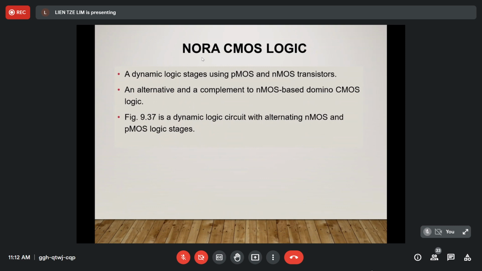In NORA, later you will see the structure, it is not only used as a pre-charge transistor. The logic block can also consist of PMOS transistors. This NORA CMOS logic is an alternative and a complement to the NMOS-based domino CMOS logic. Figure 9.37 is a dynamic logic circuit with alternating NMOS and PMOS logic stages.